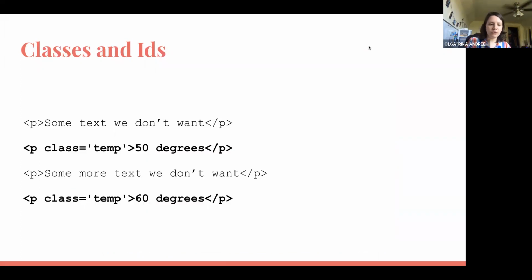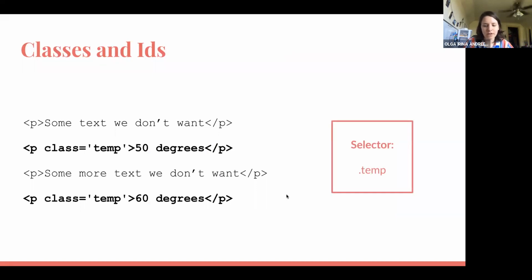So if we wanted to grab just the bolded text, what would be the selector? Feel free to type it in the chat. .temp, yeah. Exactly.